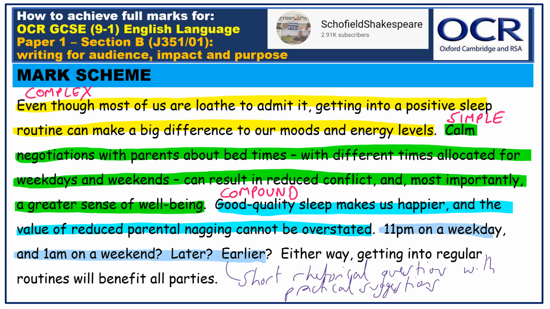So, following this complex, simple and compound sentence, we move to some much shorter rhetorical questions. Questions which involve the reader by definition for effect, before ending the paragraph with a short, complex sentence which confidently sums up the potential value of a sleep routine for teenagers.